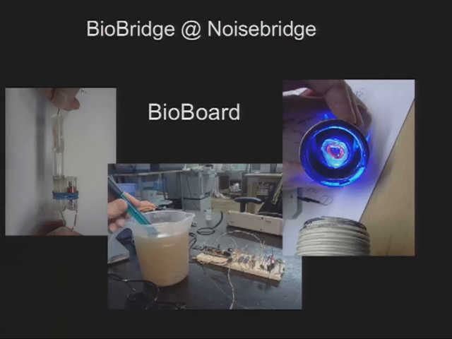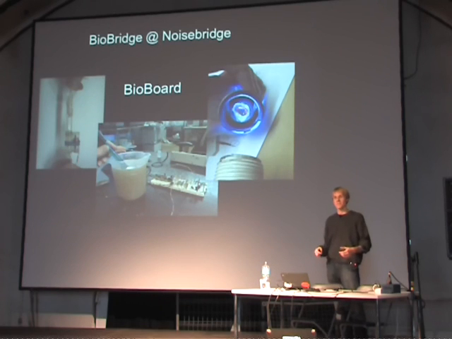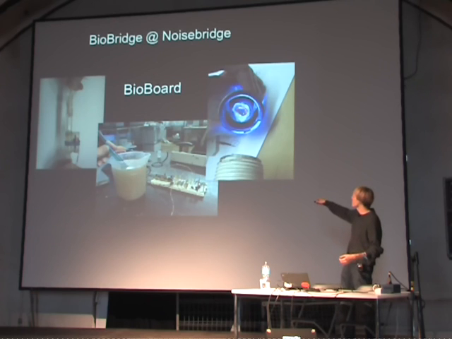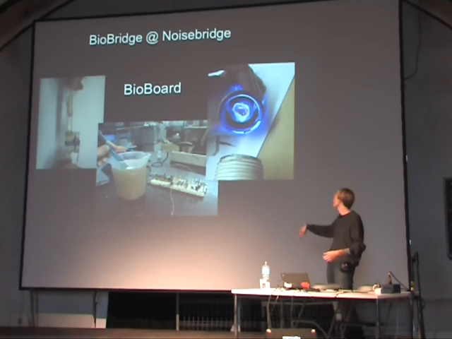So at Noisebridge, we're trying to quantify the brewing process of kombucha, and we made this BioBoard with a little optical density sensor that gives you some kind of indication of how many cells you have. And this is a pH probe we bought from an aquarium and built an amplifier for it, so you can do a little pH measurement.